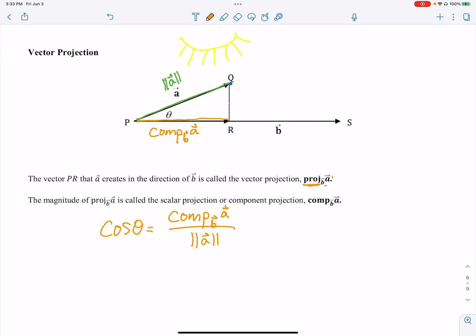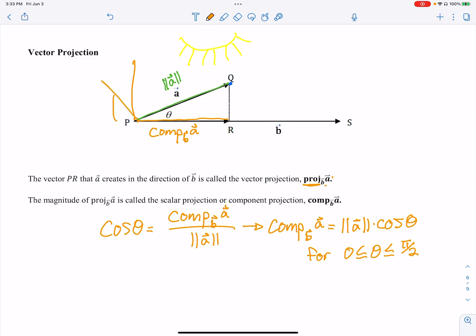Now solving for comp, the component projection of A onto B is equal to the magnitude of A times cosine of theta. This is because we're only dealing with one quadrant, so theta is between 0 and pi over 2. I don't want to go above it; if it got above, we'd be dealing with this side, and it's the same idea.